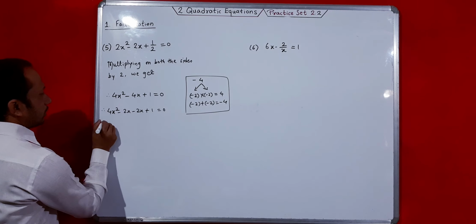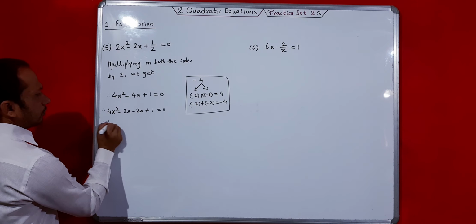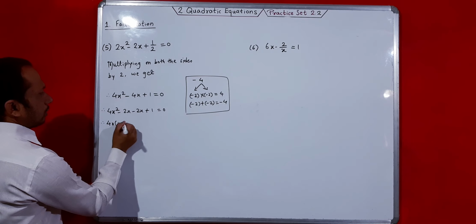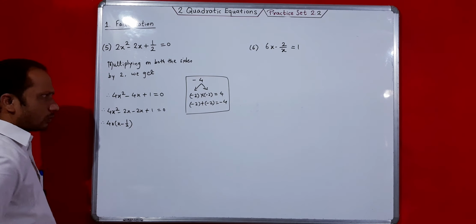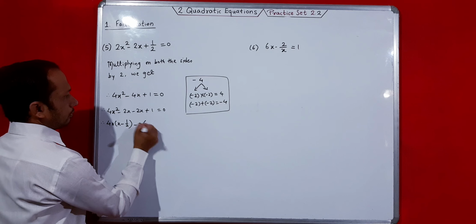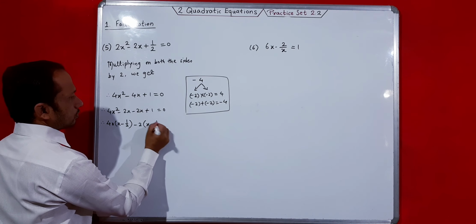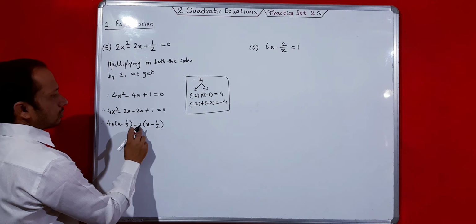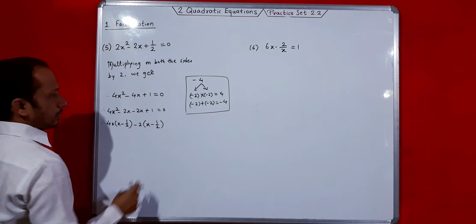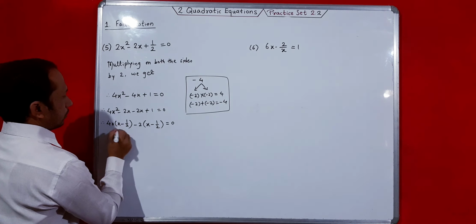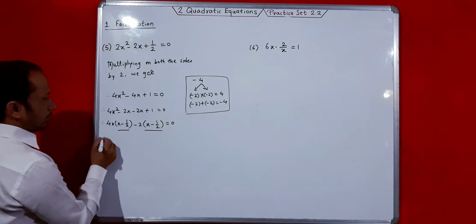So take 4x out of the bracket, x minus 1 half. Take minus 2 out of the bracket, x minus 1 half, because this minus 2 and into this you'll get plus 1 is equal to 0. Okay, this is common, so take out of the bracket.